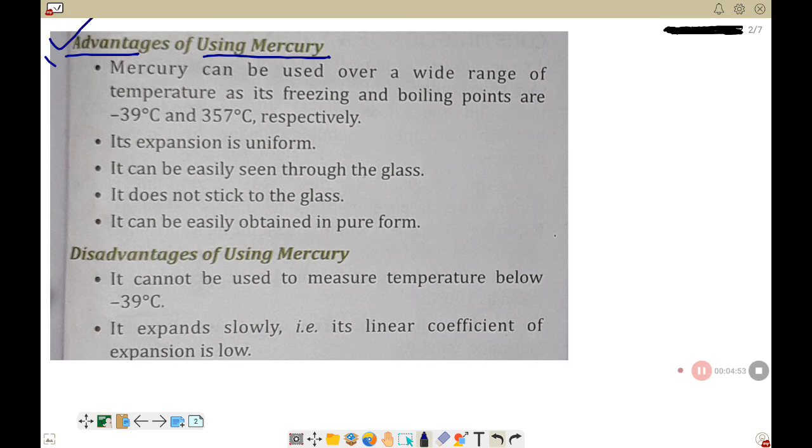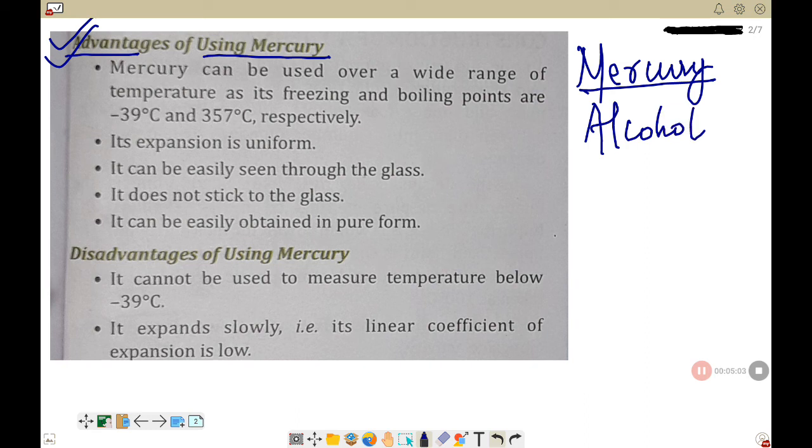All right, so now why is it advantageous to use mercury? So let's see the advantages of using mercury. We have learned that there are two types of thermometers. One is mercury thermometer, other one is alcohol thermometer. So now what are the advantages of using mercury as the liquid in the thermometer? Now these are the five advantages.